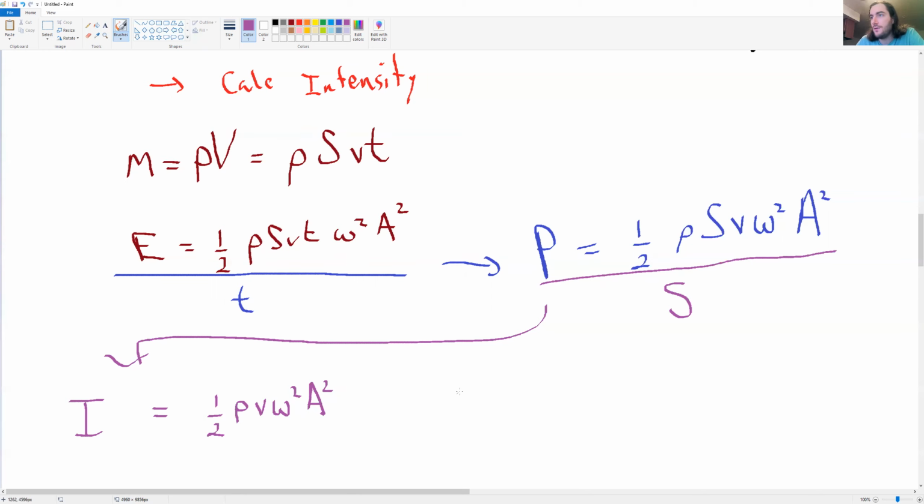And just to complete the picture here, this indeed is the same formula as what you're going to get in the book. In the book, you're going to get 2 pi squared rho V f squared A squared. But it is the same formula.